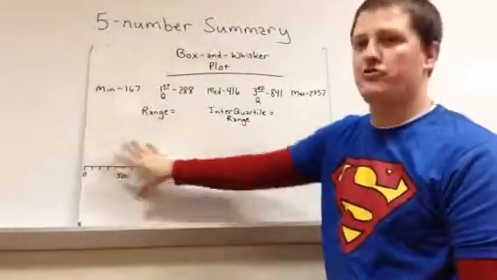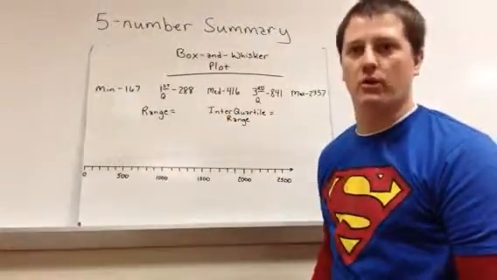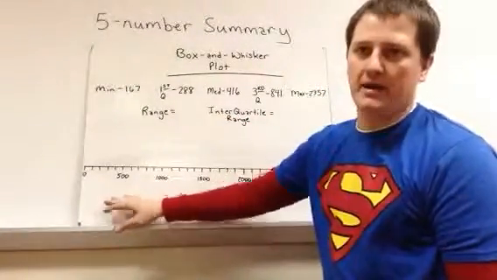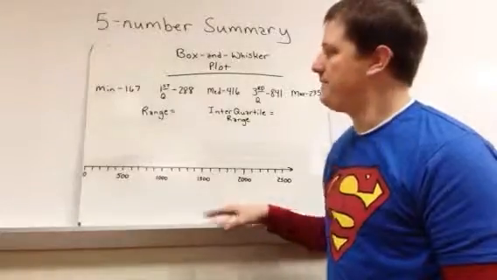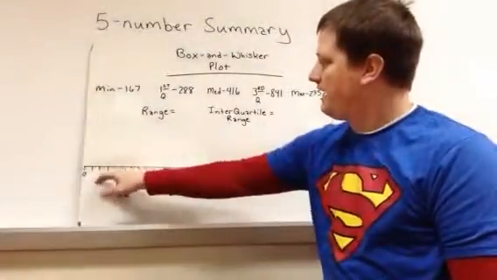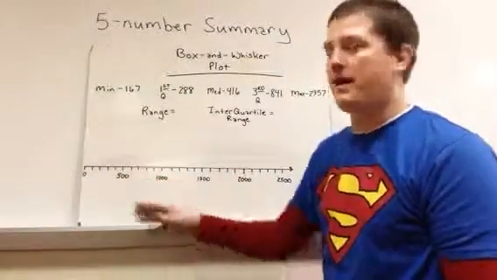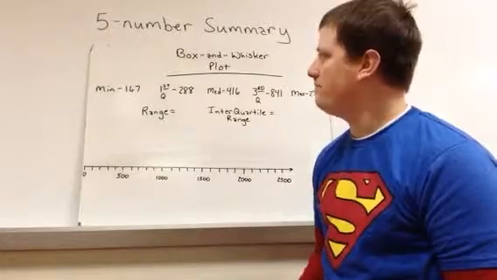What we're going to do is draw a box and whisker and use that to identify our range and interquartile range. To make a box and whisker, you typically need a number line. I have 0 all the way up to 2,500, and each little mark here is going by hundreds. So I'm just going to estimate about where each spot lies.